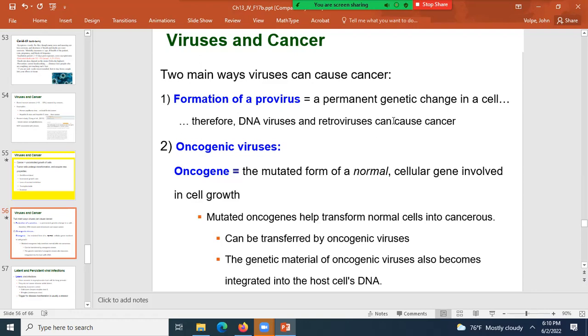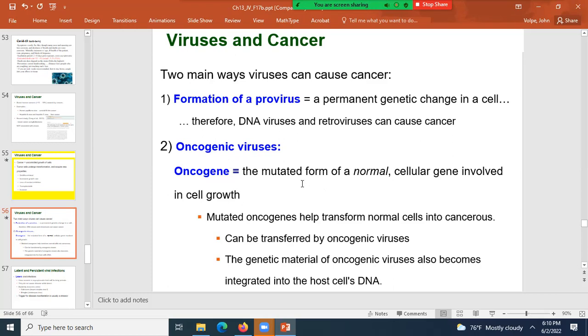The second way a virus can cause cancer occurs in an oncogenic virus. These viruses contain an oncogene. An oncogene is a normal cellular gene involved in cellular growth, and that normal gene becomes mutated and then causes the cell to grow abnormally.